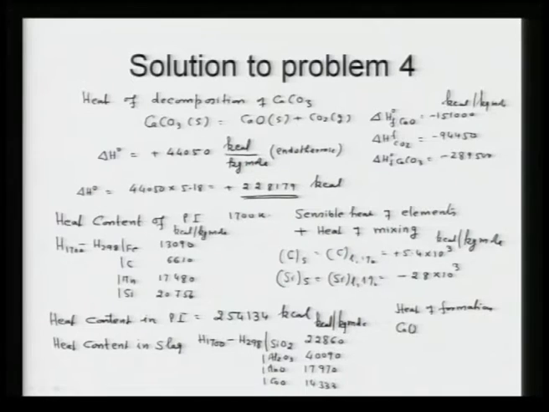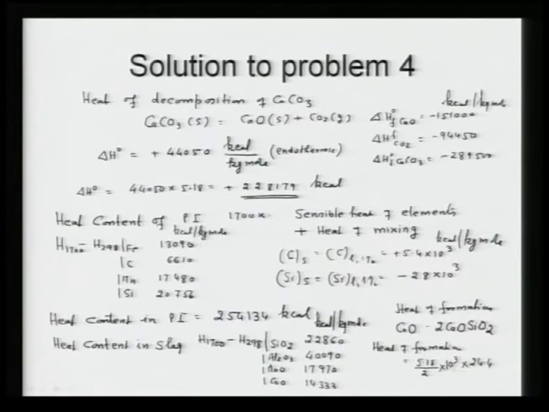On the basis, if you assume in this particular problem that all CaO, that is 5.18 kg moles of CaO, is present in the form of 2 CaO SiO2, then the heat of formation will be equal to 5.18 upon 2, because 2 CaO SiO2, into 10 to the power 3 into 24.4, because 24.4 into 10 to the power 3 is the heat of formation of slag when 2 CaO SiO2 is formed. So, this is the heat of formation.